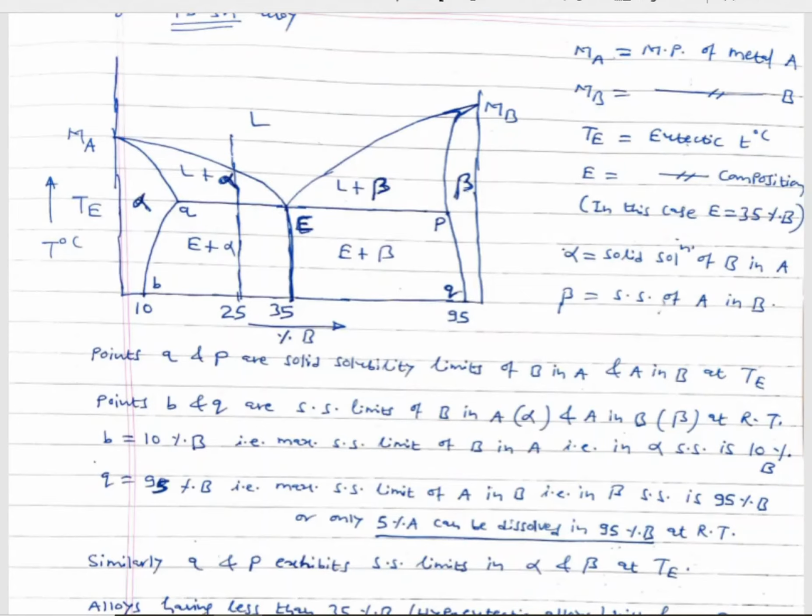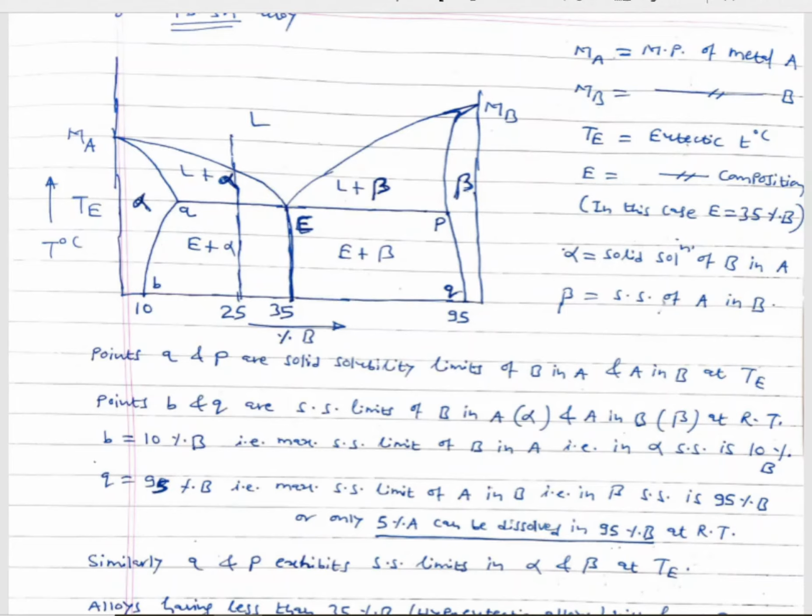This is the alloy under our consideration. 25% B alloy lies on the left hand side of the eutectic composition, so this alloy must belong to the category of hypoeutectic alloy. In the microstructure of hypoeutectic alloy, at room temperature, E plus alpha will be present.